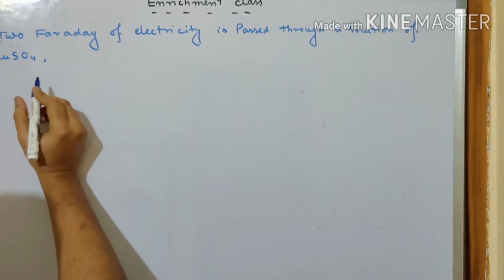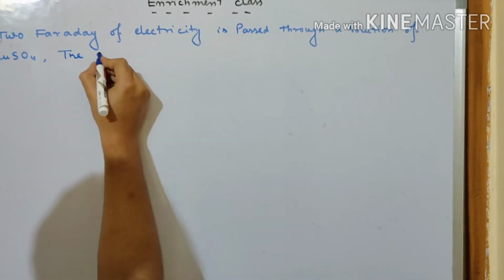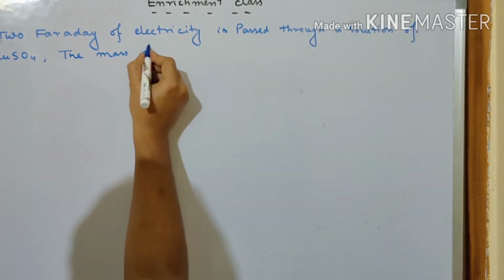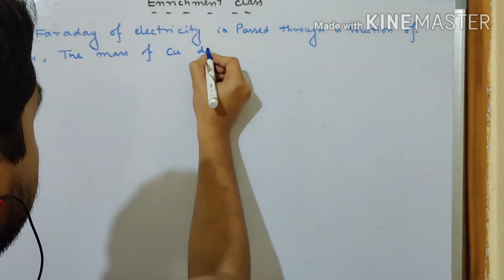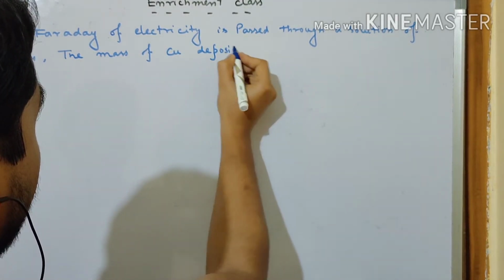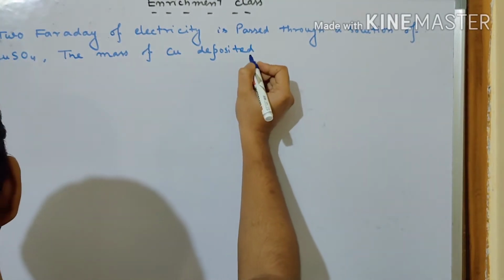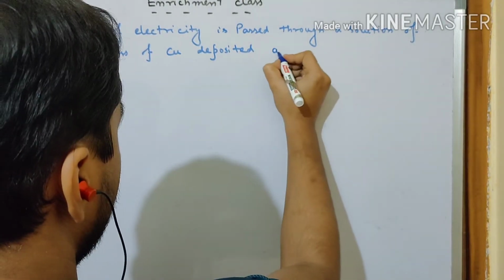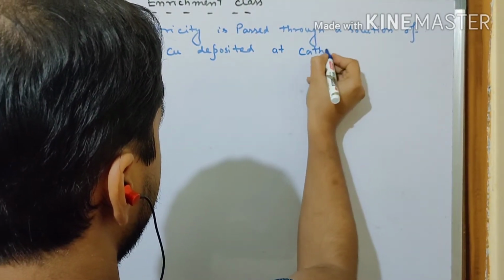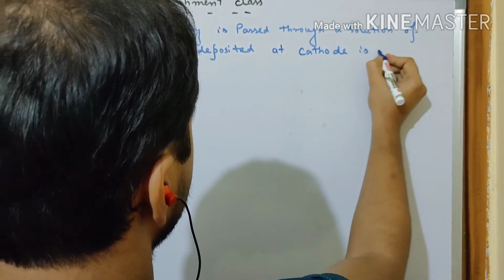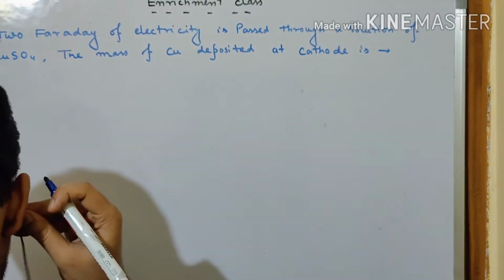The mass of copper deposited at cathode is, four options have been given. I'm writing those options.